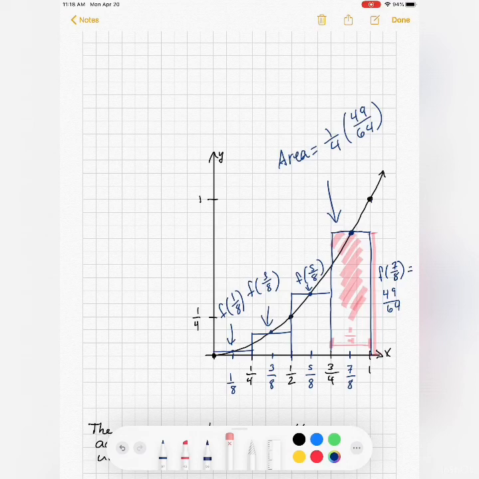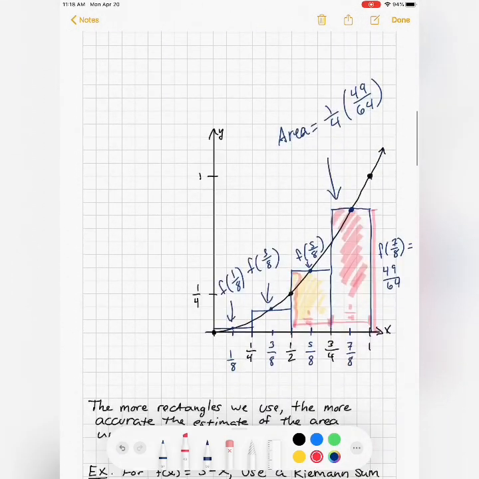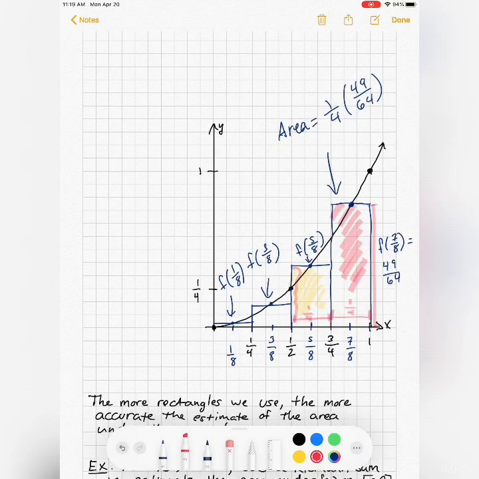Let's look at another one. The next rectangle, this one. Again, the base is still a quarter, right? All of these guys have a base of a quarter. And the height, however, is f of 5/8. So we found that above. What was f of 5/8? 25 over 64.